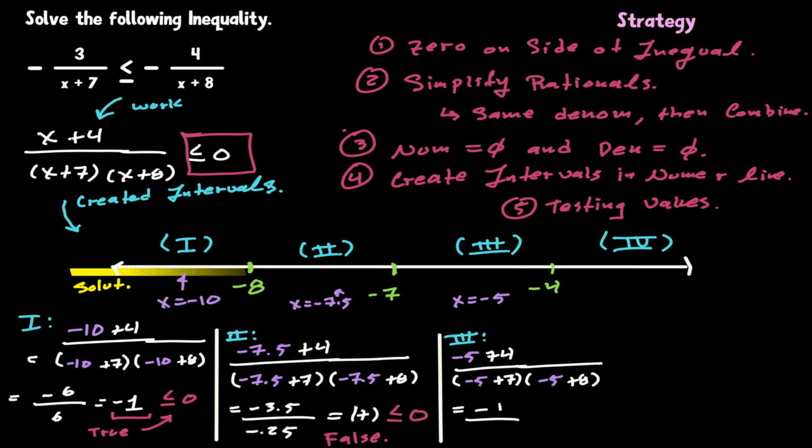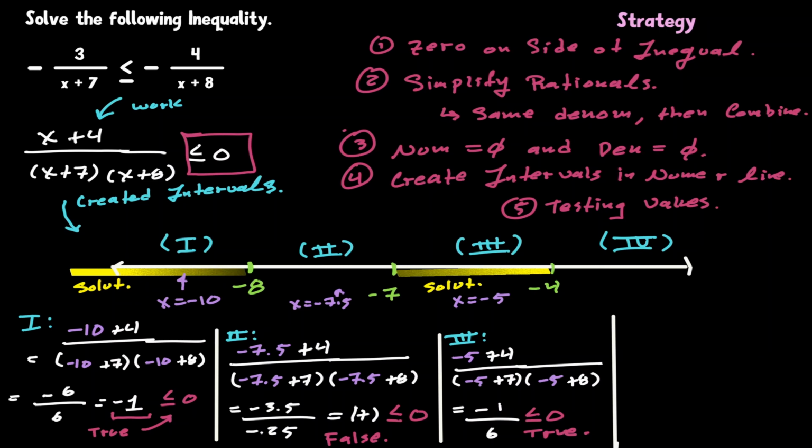And on the denominator, we're going to get +6. So now let's ask ourselves one question. Is -1/6 less than or equal to 0? Well, this is true. Because it's true, any value in this third interval is going to be considered as a solution of the given inequality.